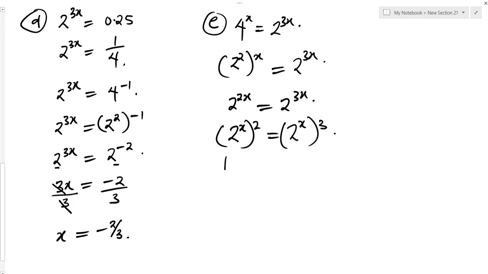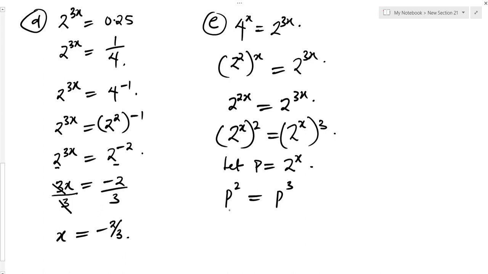Now let p be equal to 2 to the power of x. Whenever you see 2 to the power of x, you substitute p, so you have p to the power of 2 equal to p to the power of 3.